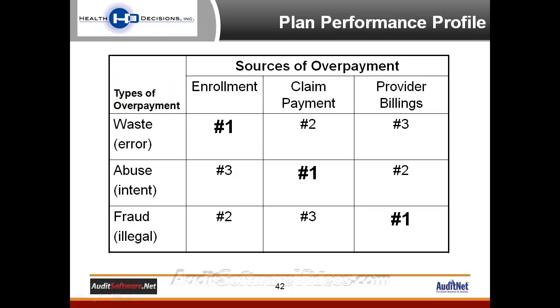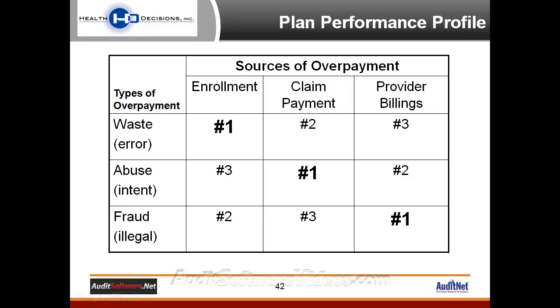Now, when you take a look at it, this slide is trying to show you the different types of claims or things that go on. So enrollment happens in your health plan, you have claim payments, and you have provider billings. And this is where you start to see the different types of issues. There may be claim payments where there's abuse. People have a bit of a drug scam where they're going around and trying to get things paid on their behalf that they shouldn't.